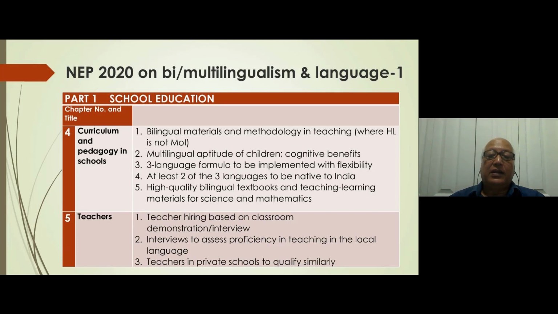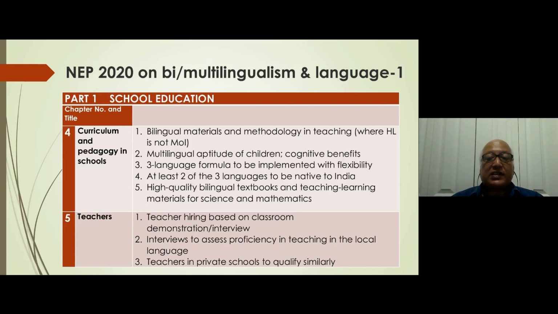Then there is an emphasis on high-quality bilingual textbooks and teaching learning materials for science and mathematics. These are important innovations suggested because science is one area where there is a need for a lot of change to happen, and it is felt that giving a bilingual turn to our approach to these subjects will give a lot of dividend.